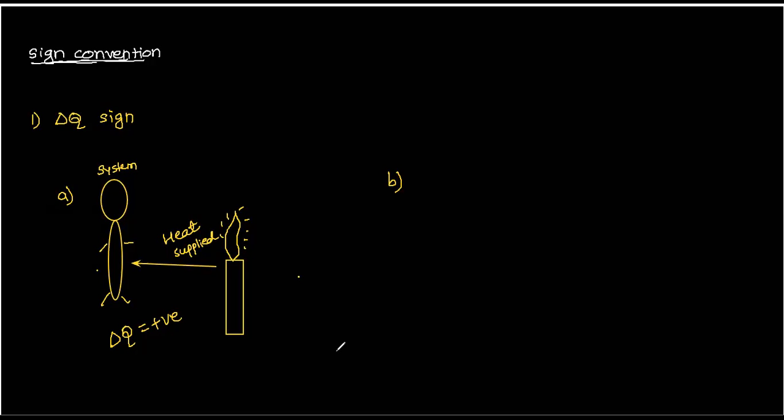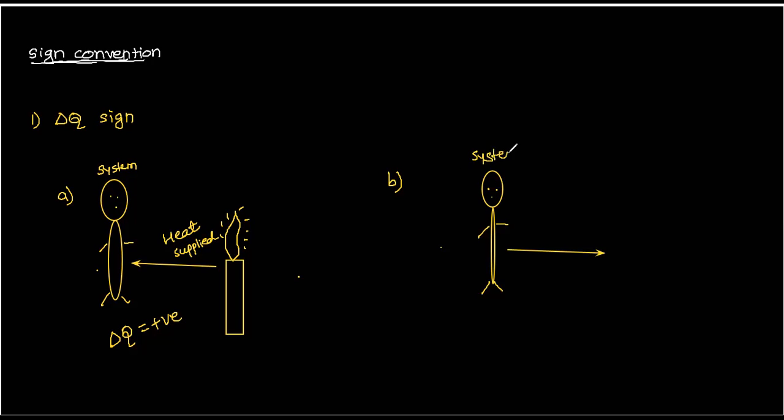Then next, B. Again I am taking a system, and now heat is taken out of it. I am not drawing any candle again, just writing here heat is taken out. This is just a funny way to understand.